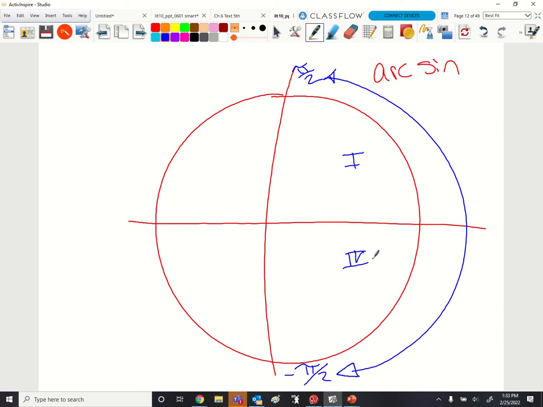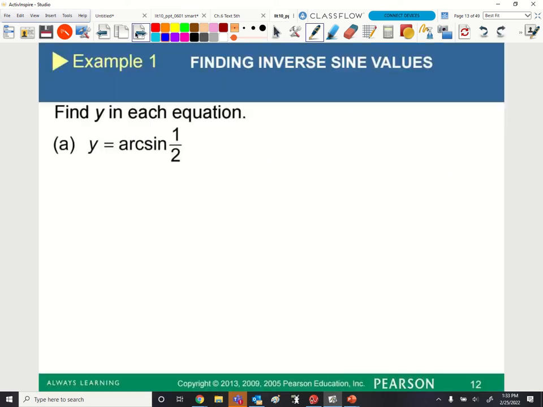Okay, this will make more sense in a moment. Are you ready? It says find y in each equation: y equals arc sine of 1/2. So what you do, you have your unit circle in front of you. Sine is what variable? It's the y value.